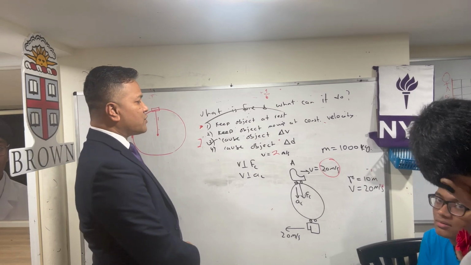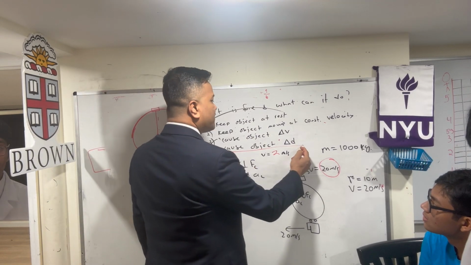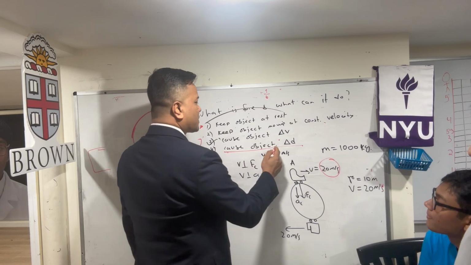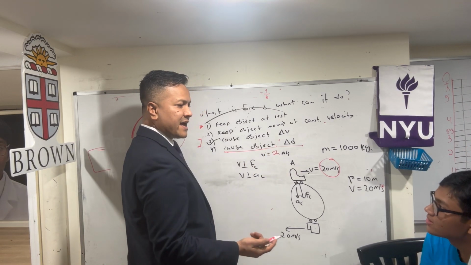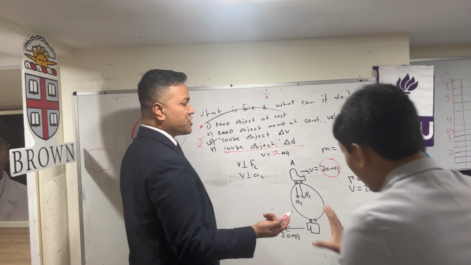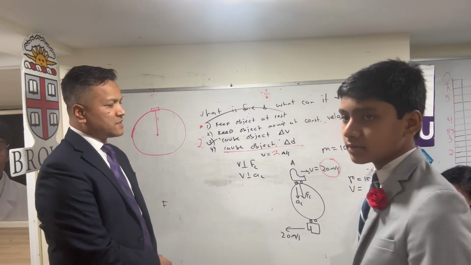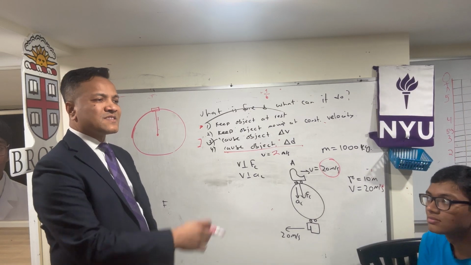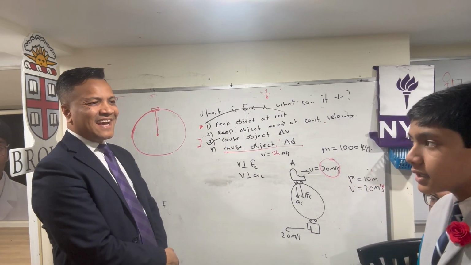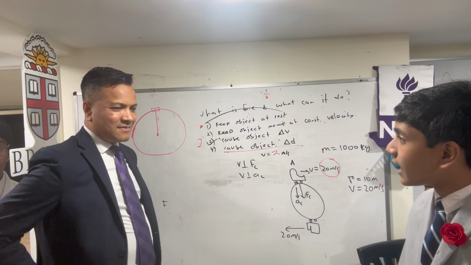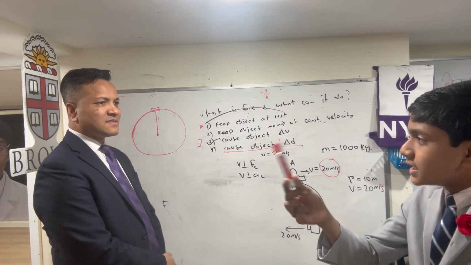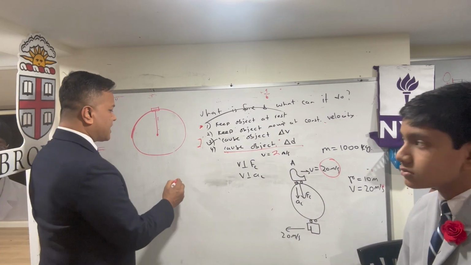So, is this a good example that force can cause change in direction, even though the speed is constant? The velocity is not constant, the speed is constant. Why is velocity not constant? Because there is an acceleration, and velocity is a vector and it has direction. If the direction changes, it's not the same vector. Good job.